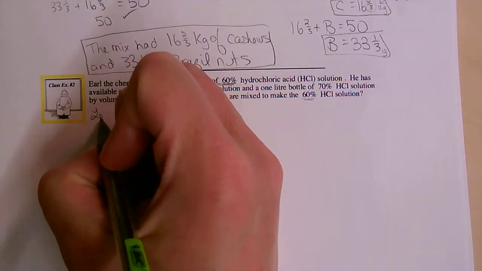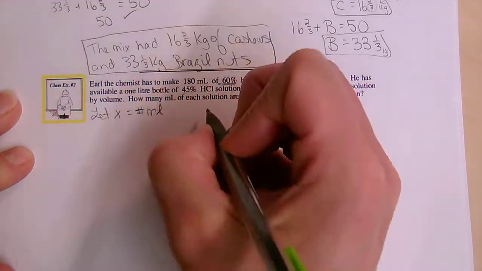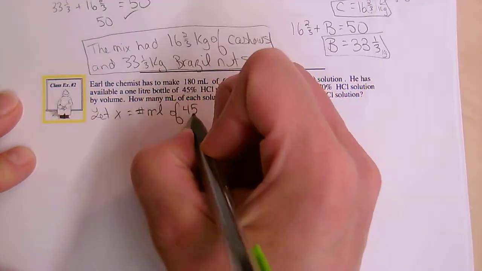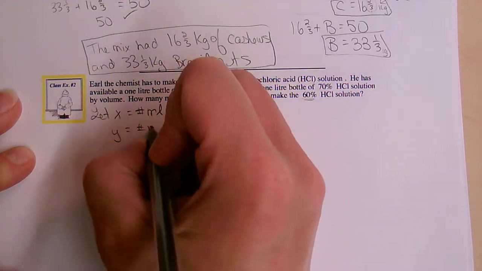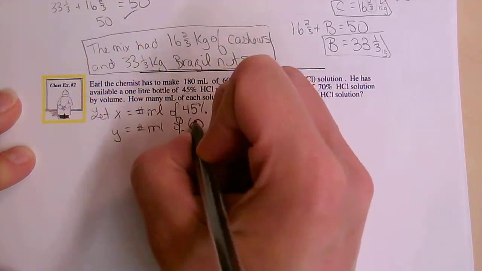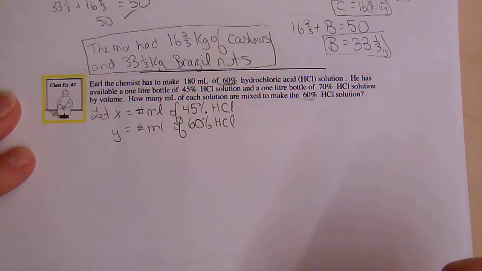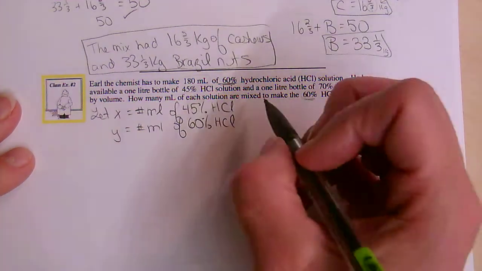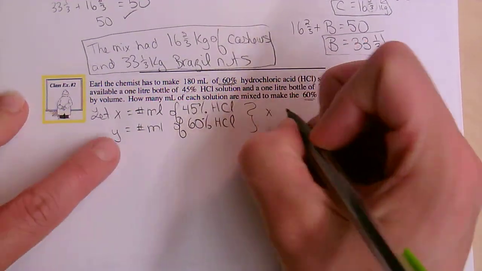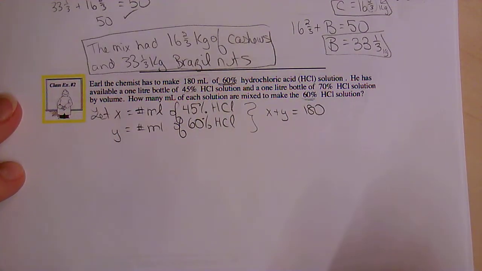Okay, so our let x statement. Let's let x equal the number of milliliters of the 45% hydrochloric acid, and we'll let y equal the number of milliliters of 70% HCl. Okay, so that's the first step. Now, we know that we have to make 180 milliliters of it, so that means that x plus y is equal to 180.